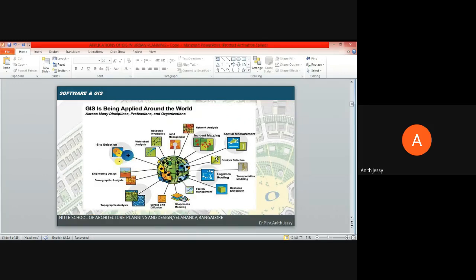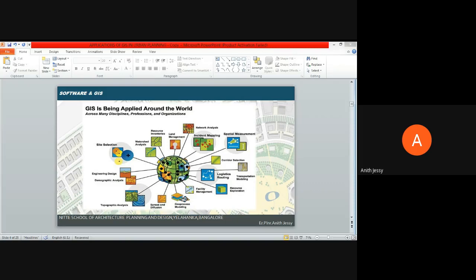When I simply say GIS and its application in urban planning, in town and country planning, GIS is mainly used in all sorts of analysis right from the beginning of doing a study of a study area. I will briefly explain the processes involved in making a development plan, and whatever is involved in making the study of urban planning.